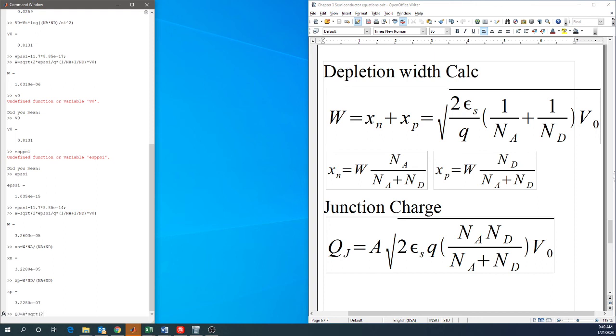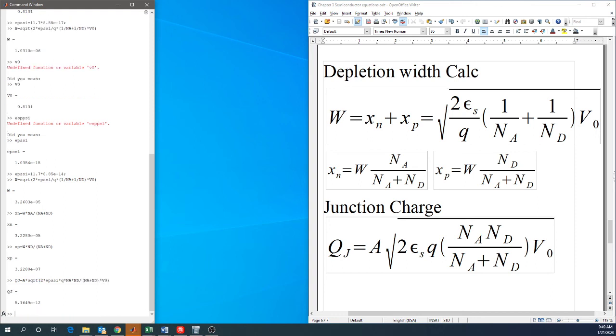Square root of 2 times epsilon times Q times NA times ND divided by NA plus ND times V0. And that gives us how many coulombs are stored on there, 5.165 times 10 to the negative 12. So 5.165 picocoulombs is what's going to be stored on there.